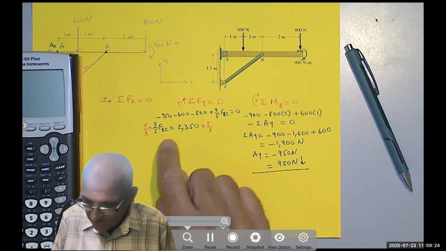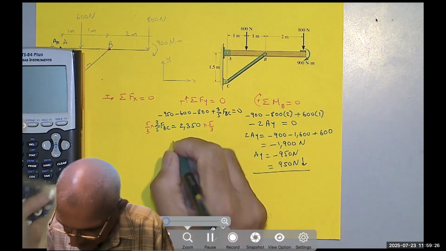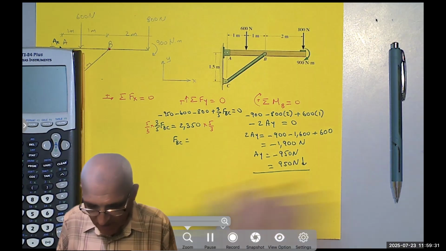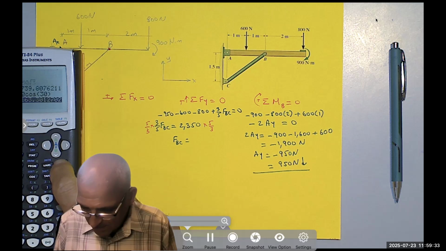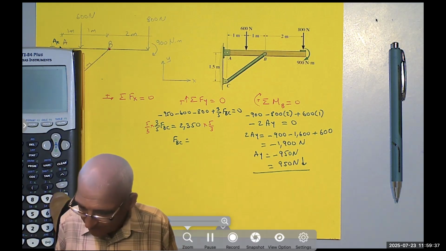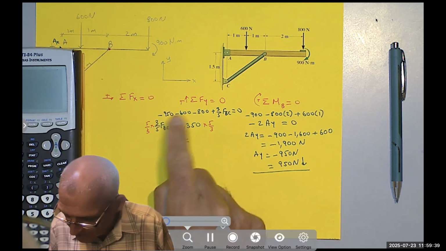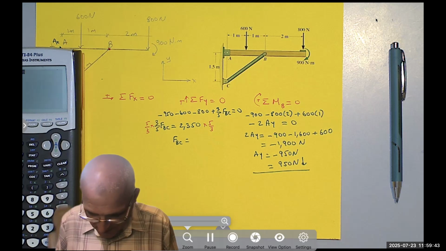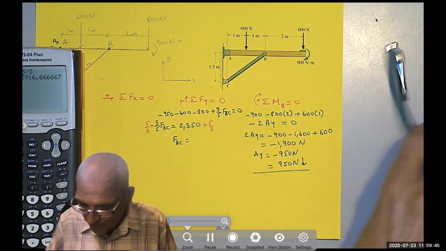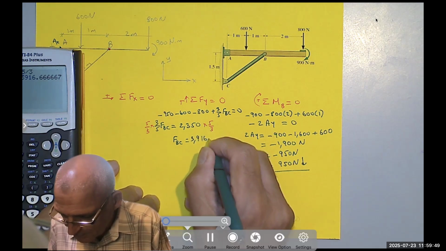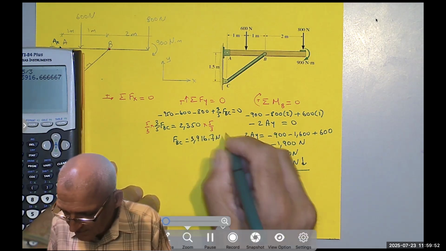This is not divisible by 3, so it's easier just to say 2350. Is that correct? Yeah, 2350 times 5/3 equals 3916.7 Newton.